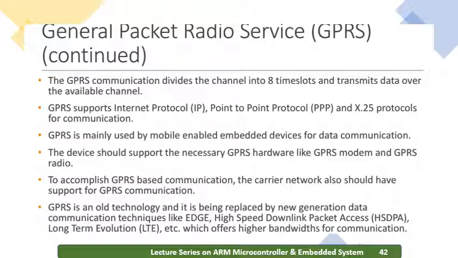It supports Internet Protocol, point-to-point protocol, as well as X.25 protocol. This is mainly used for mobile-enabled embedded devices, and the device should support the necessary GPRS hardware like a GPRS modem and GPRS radio. To accomplish this communication, a carrier network should be active on the GPRS.